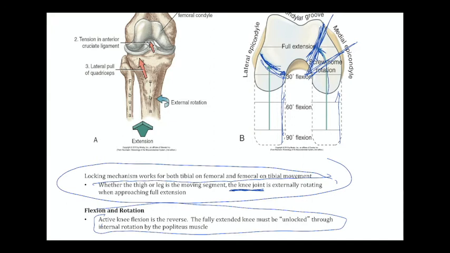That can be a little bit confusing because in the notes, if you go back to your chart, it says that it unlocks the knee by laterally rotating the femur on a fixed tibia. Well, that is correct, but it also will internally rotate the tibia on a fixed femur. So the muscle has more actions than just the one in the chart.